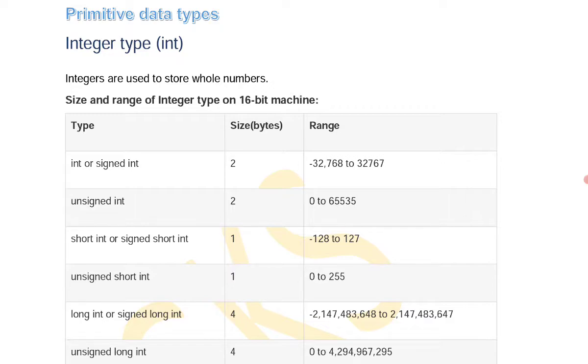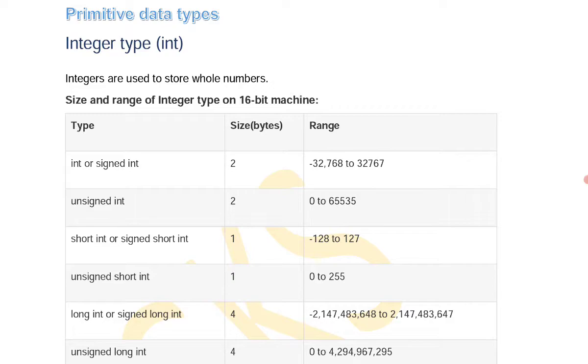Integers are used to store whole numbers, meaning numbers without any decimal point inside them. Such numbers are called integer data types.